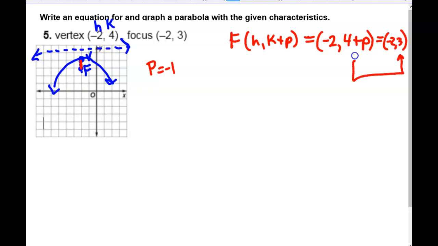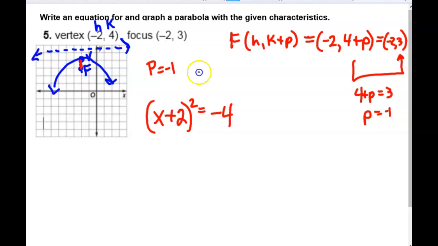So if you put 4 plus p equal to 3, you'd have p is -1. You would have solved that way as well. Then you go to the top and it just says x minus h, which is x plus 2. Yes, everybody with me here? Equals 4p, so what goes there? Okay, 4 times -1 would be -4, and then y minus k, which was a 4 as well.